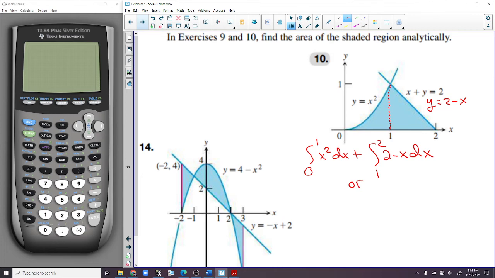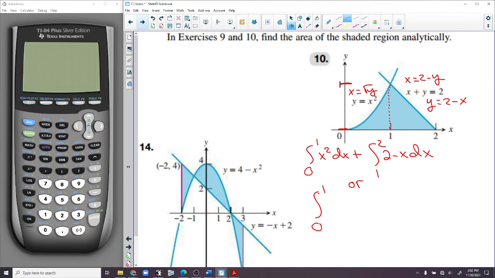let's see, what would we need to do? We'd have to go from, oh no, not 0 to 1. Oh yeah, 0 to 1, 1 to 2. This would be 0 to this one of right minus left. But now if I'm going to go right minus left, I need x equals 2 minus y, and x equals square root of y. Now I know that you're thinking, well, don't you need plus or minus?